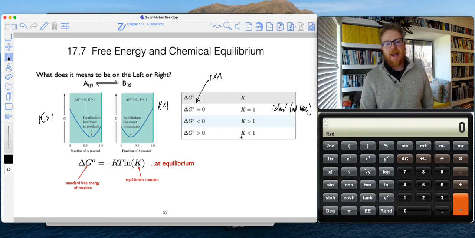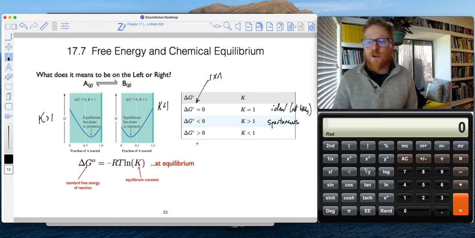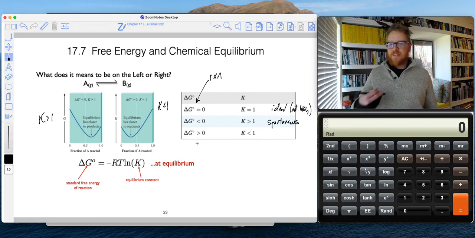And as we might guess, a K greater than 1 means a free energy of reaction that's less than 0, so it's a spontaneous reaction. But a delta G of reaction that's greater than 0 is going to give us a K less than 1, and that's going to be non-spontaneous.